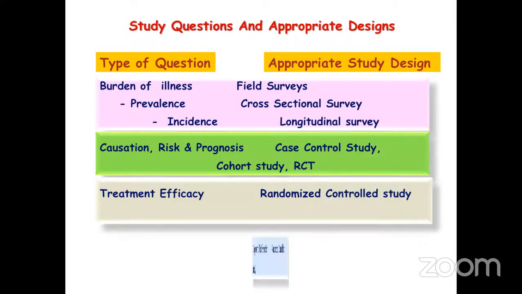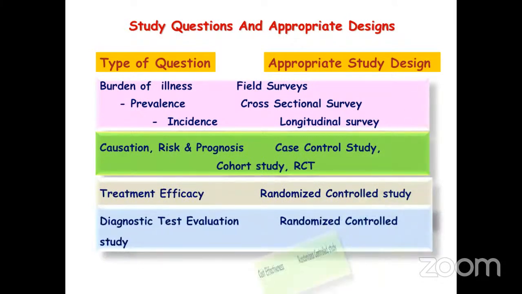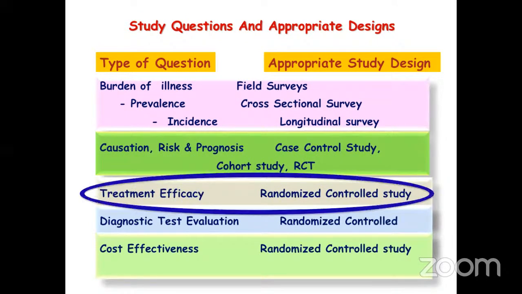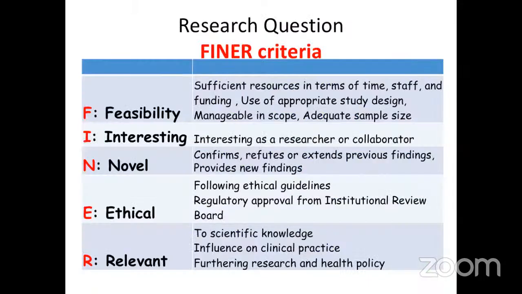But if you are studying a treatment, diagnostic study, or cost effectiveness, most of the time what we use is a randomized control study, which is the common type of study practiced by the anesthesia fraternity. Though, as Balbhaskar sir was highlighting, I think we need to move on from there. There are a lot of areas where we can do cross-sectional surveys, and definitely that can be used as a study design also.